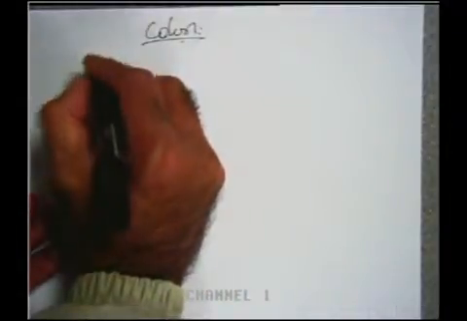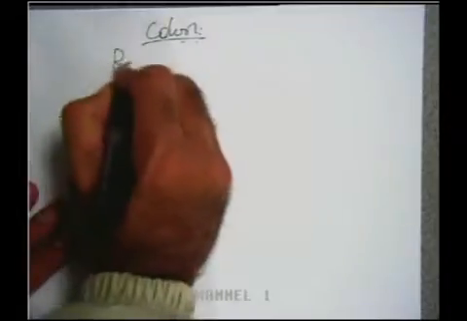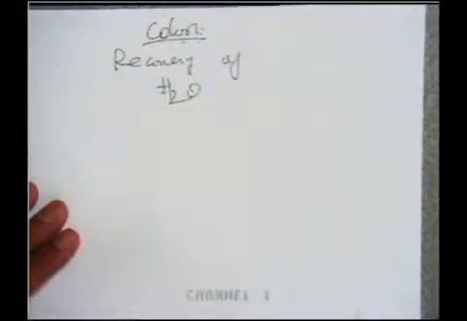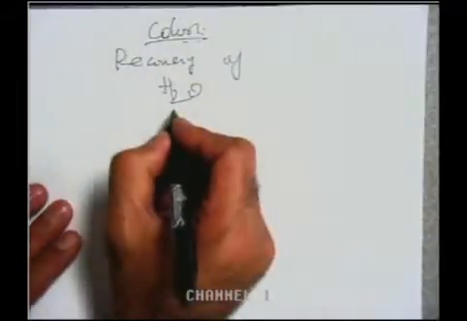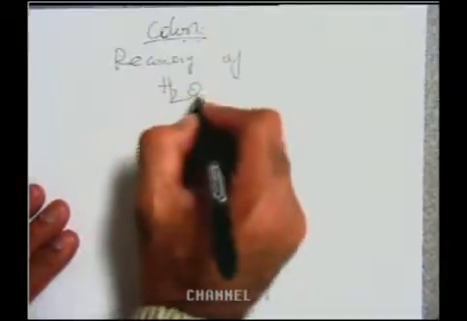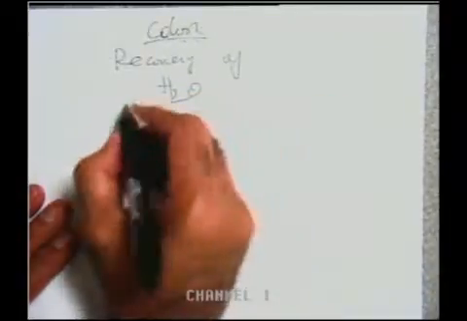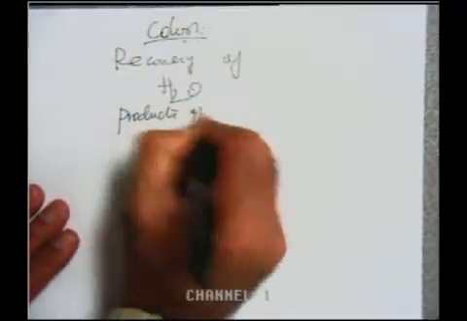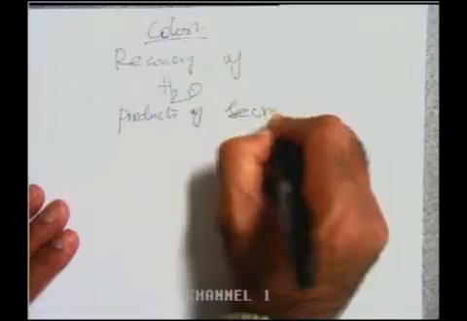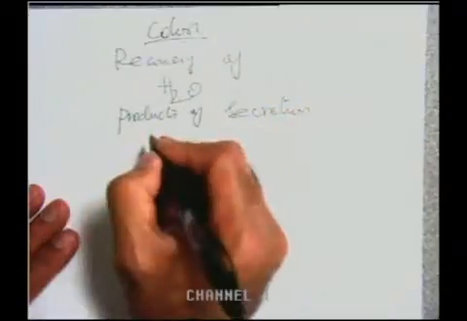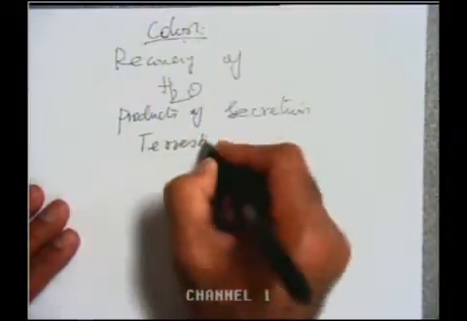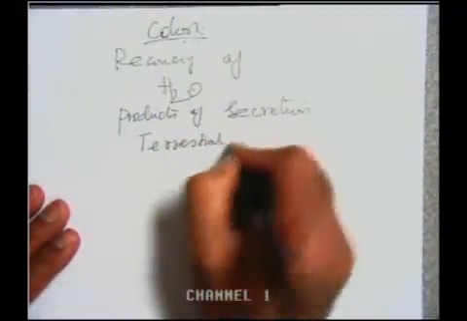The colon is something like a recovery station, for recovery of water, because the secretions, intestinal juices and gastric juices, all go into the colon, and after the digestion, the excess water should be reabsorbed, along with the products of secretion, especially in terrestrial animals.